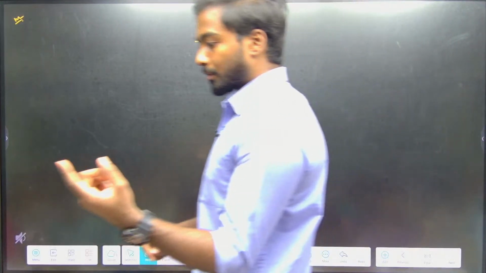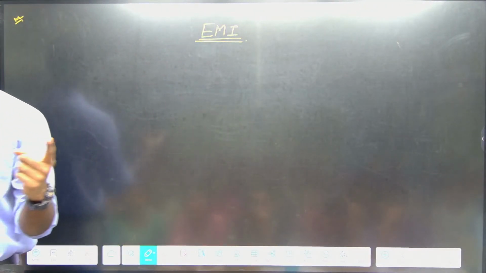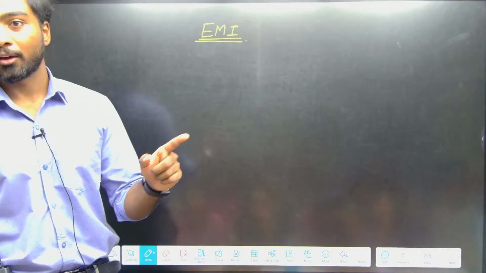We were talking about electric flux also: electric field lines passing through an area of cross section.